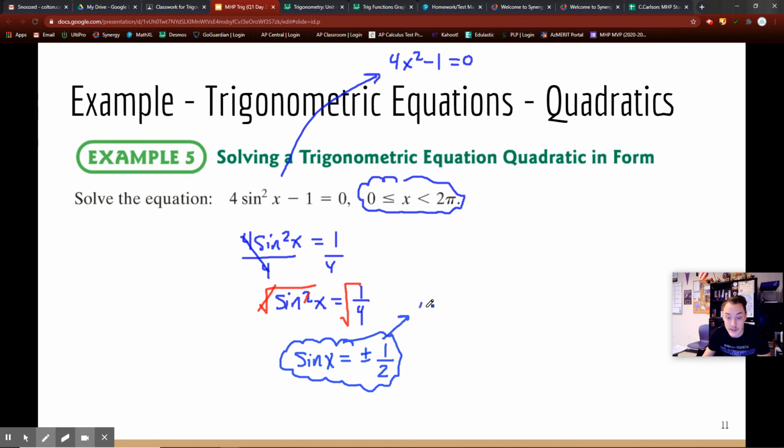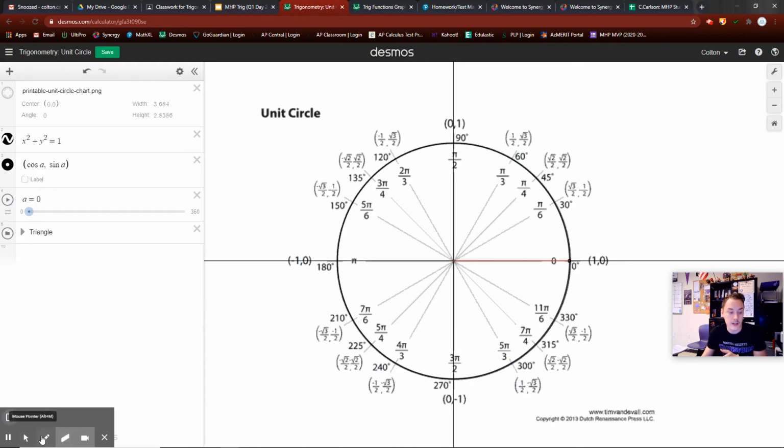So now what I need to do on this step is use the unit circle or the trig table of common elements. Where on my unit circle does the y-coordinate, sine, because sine is y, give me negative 1/2 and positive 1/2?